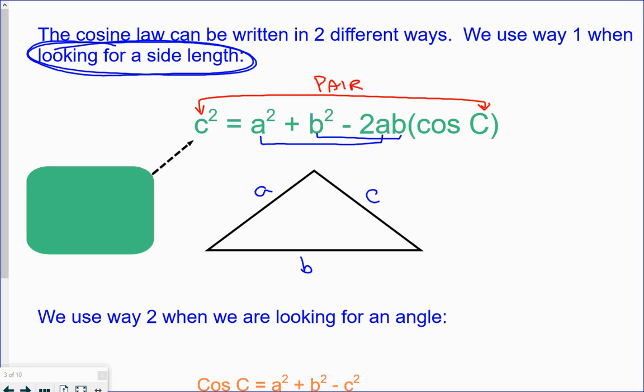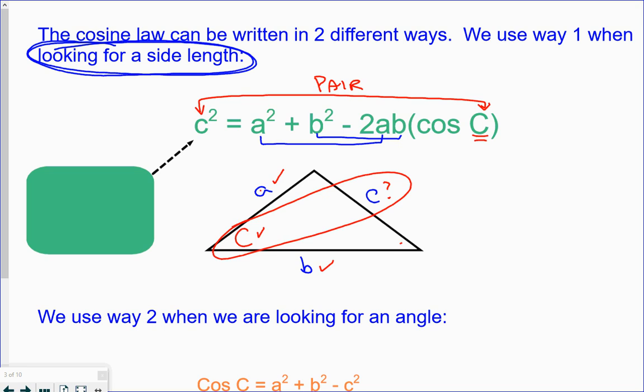So side C and corner C. You will know this one, this one, and this one, and this is the one you're looking for. So again, you've got only half matches. You've got the corner but not the side, you've got the side but not the corner.